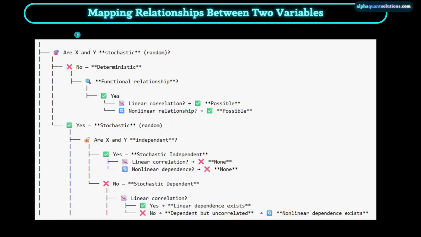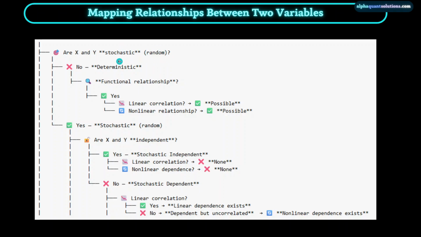Based on our previous slide, I thought it might be good to have a quick reminder in terms of the definitions and the terminology we use when we refer to the relationship between two variables. So let's start with two variables x and y, and we will ask the following question. Are these two variables stochastic or random?